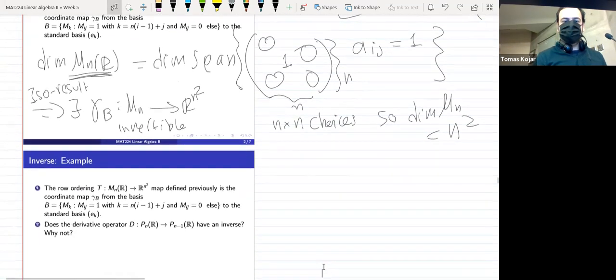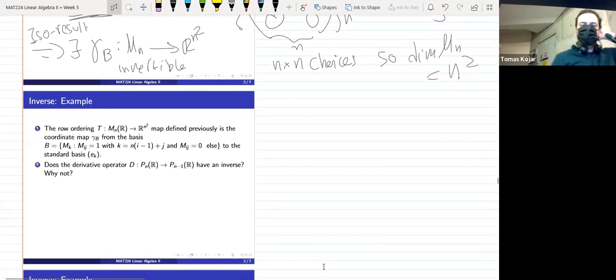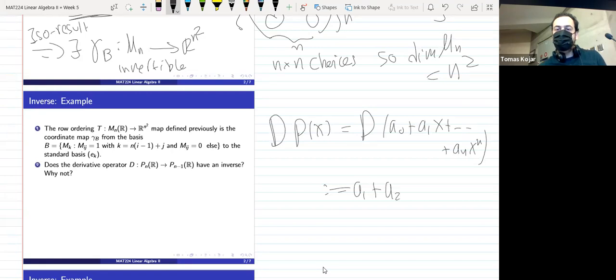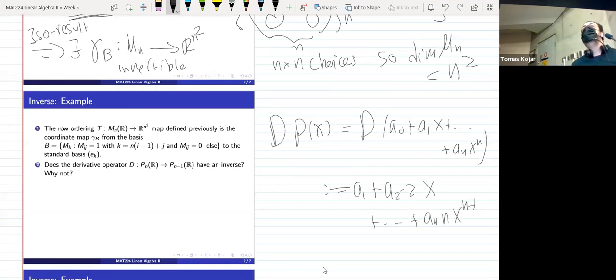Let's do more examples to give you practice. The derivative map takes a polynomial of degree n, a_0 plus a_1 x up to a_n x^n, and maps it to a_1 plus 2 a_2 x up to n a_n x^(n minus 1), right?